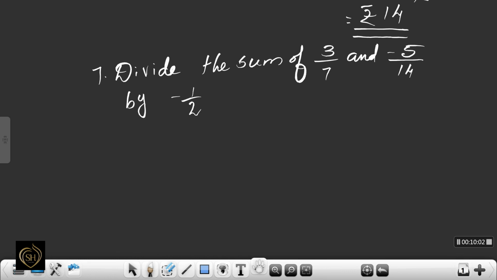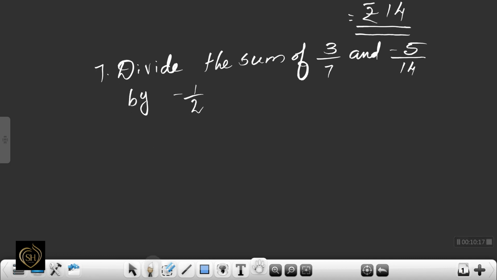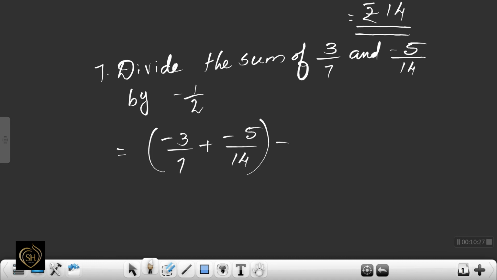Next question: divide the sum of 3 by 7 and negative 5 by 14 by negative 1 by 2. First we write the meaning of the question. Sum of 3 by 7 plus negative 5 by 14, divided by negative 1 by 2.